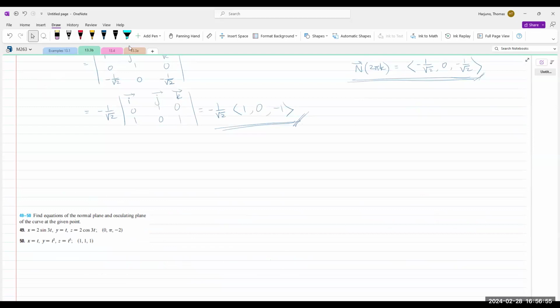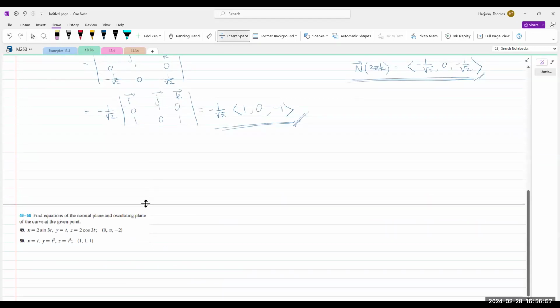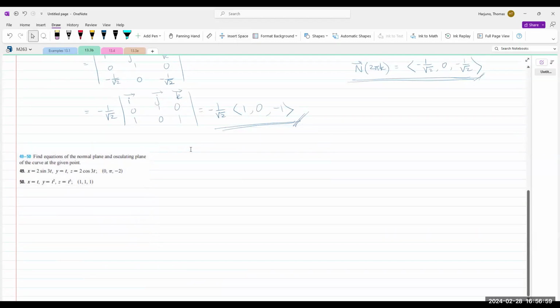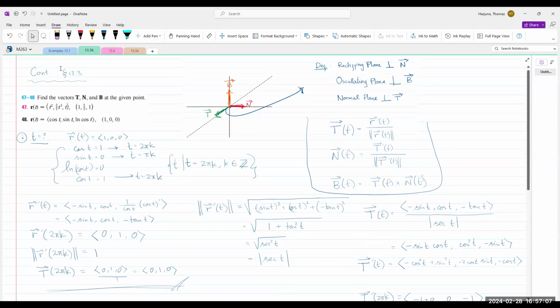Let's go on with the next one, normal plane and then osculating plane. We review a little bit what is a normal plane. The normal plane is normal to the unit tangent vector.